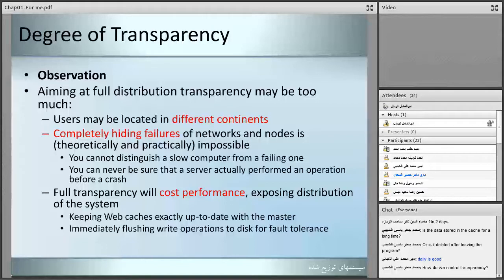How do we control transparency? We will talk about it. I assume that you completely understand the degree of transparency.